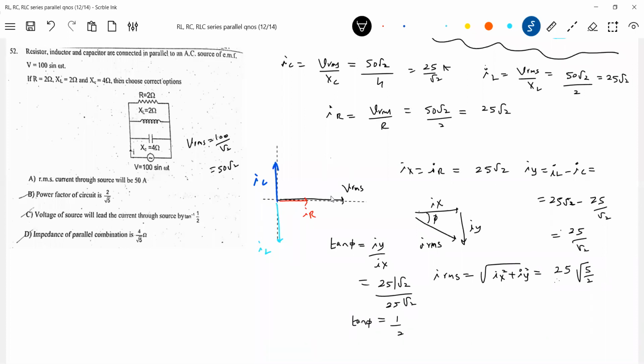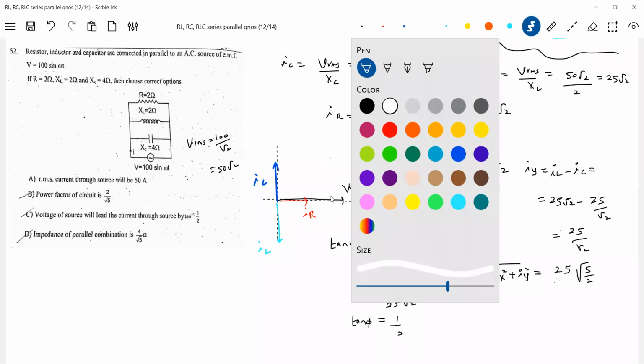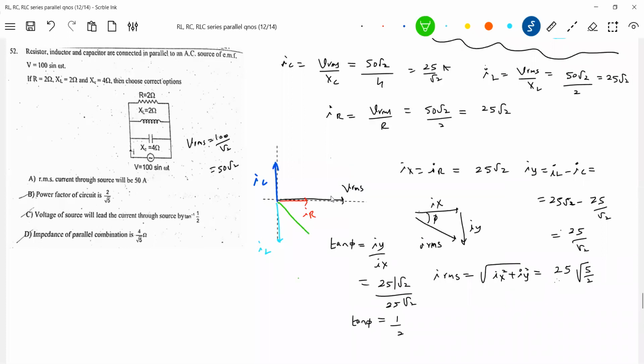This is the phase angle of the circuit. Is it a lead or lag? Where should I show that IRMS? Is it justified? The voltage source will lead the current through the source by tan inverse of 1 by 2. Or does current lag the voltage?